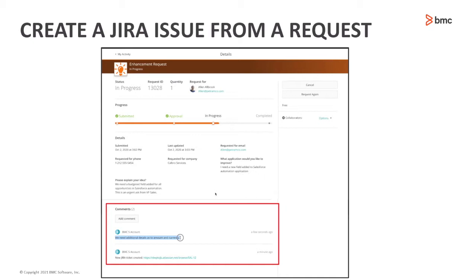My intent here is just to give you a couple of glimpses of things we have built and are available today. These templates you can simply download and configure to point to your instance. So for example, this is a template for creating a Jira issue from a digital workplace request.